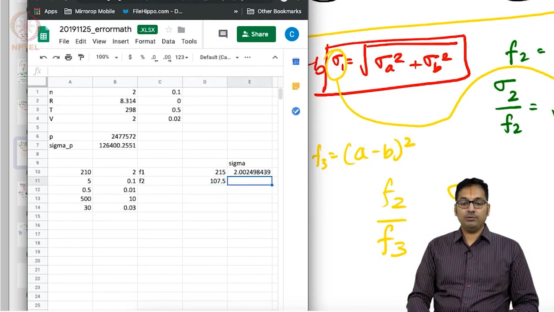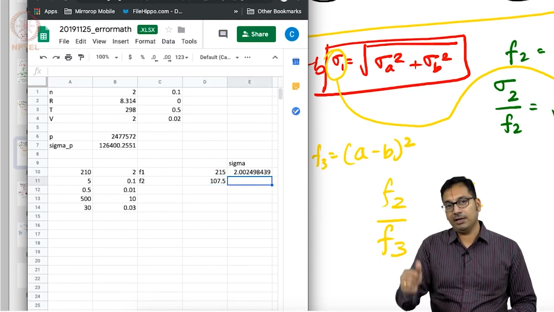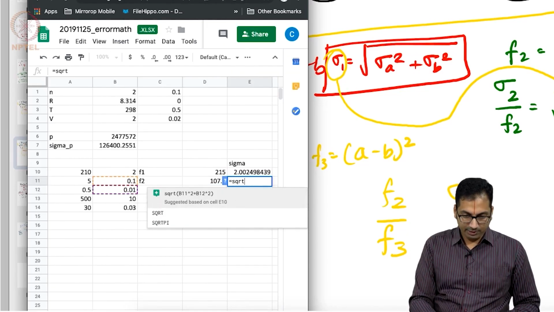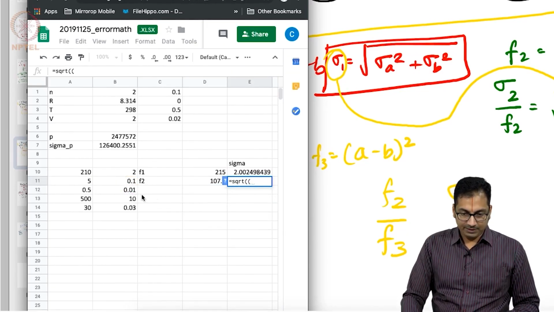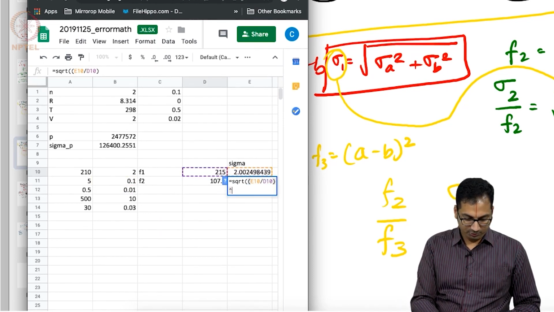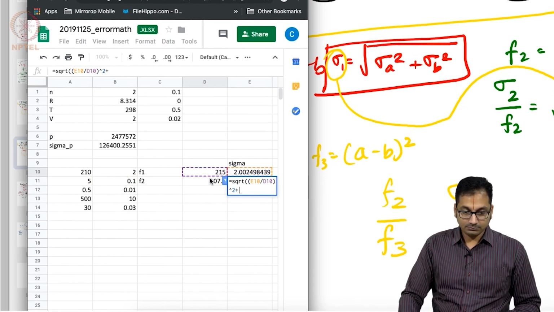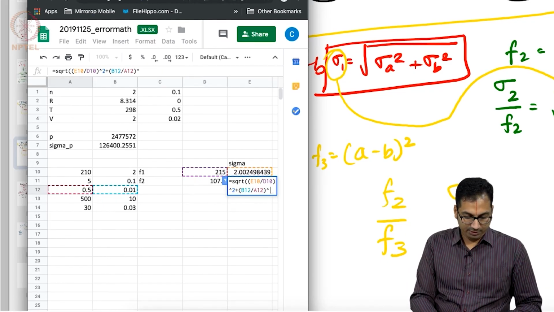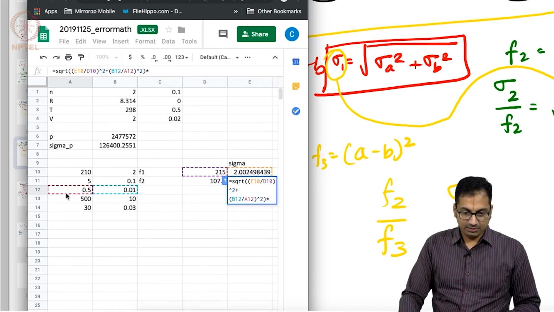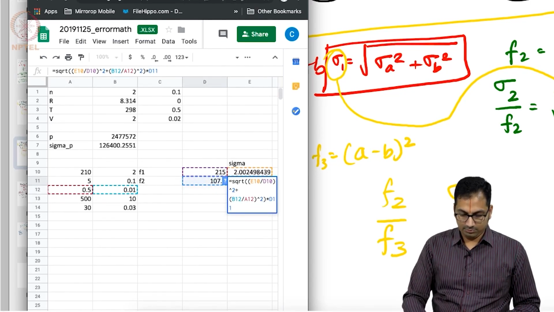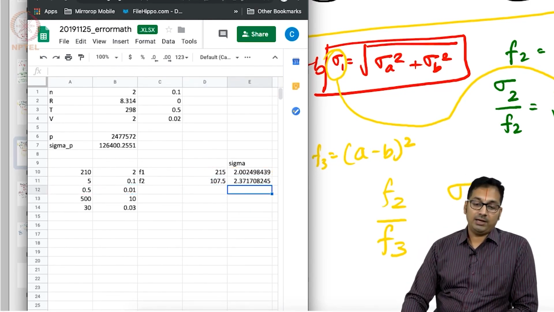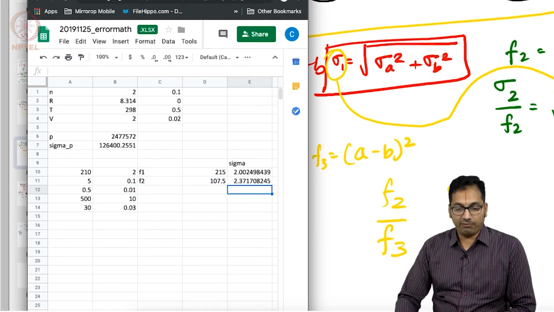This is the actual value, but the standard deviation, since it's a product, is going to be given by the square root of the variation of f1 to the original value square plus the variation of the measuring value 0.5, which is 0.01, square, times the value by itself. So what do you end up getting? You get 107.5 plus minus 2.4.